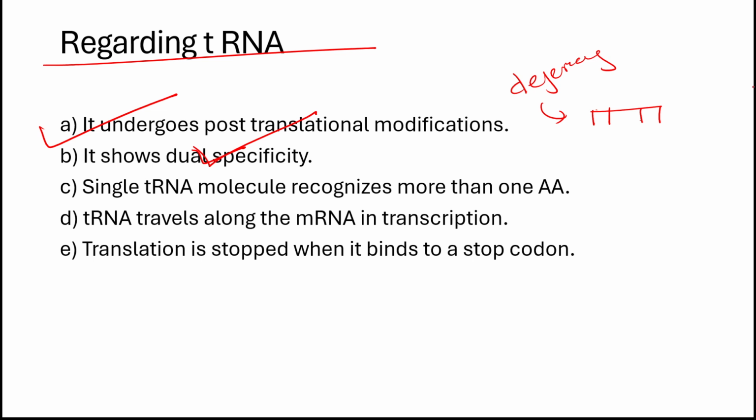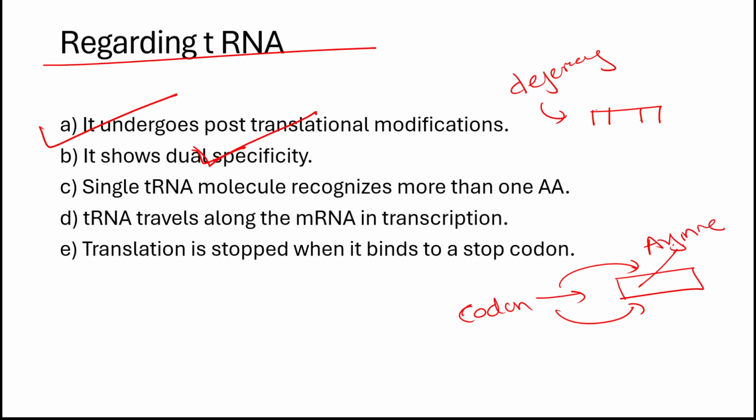So the amino acid charging process is specific. Even though it shows degeneracy, and two or more codons can be functionally implied to carry out amino acid charging, it causes charging of only a single amino acid, in this case arginine.